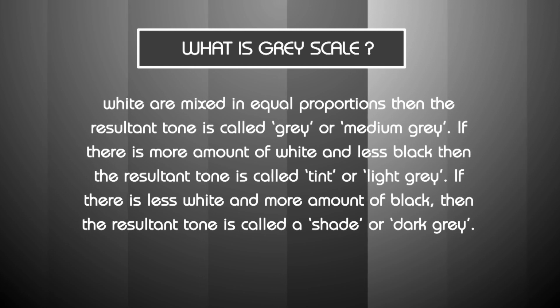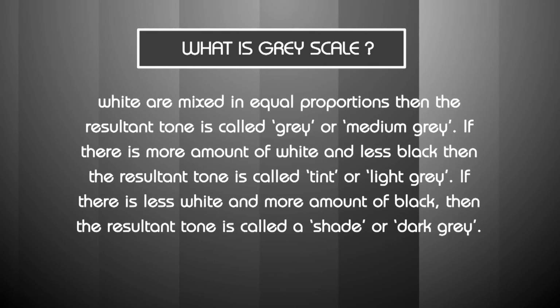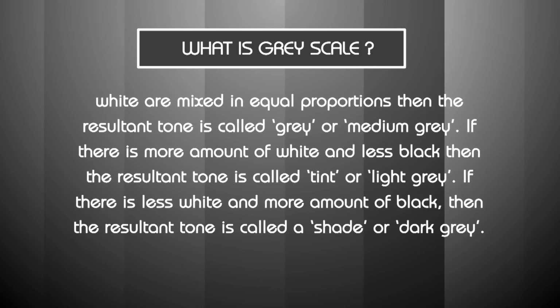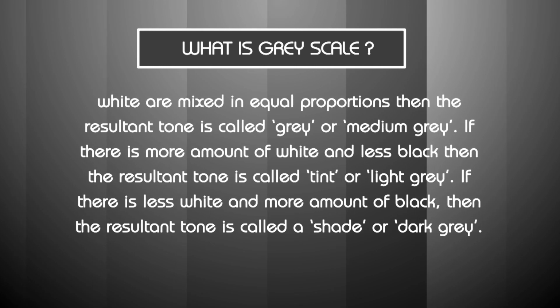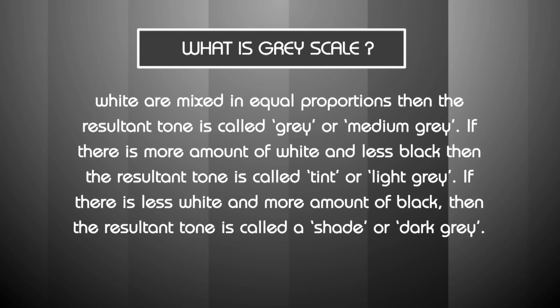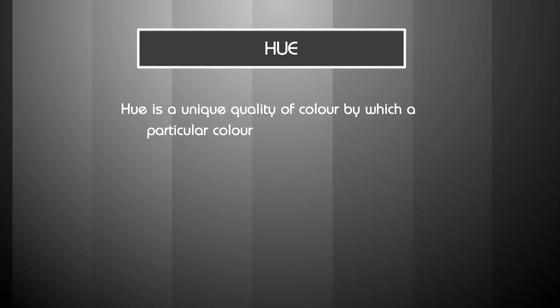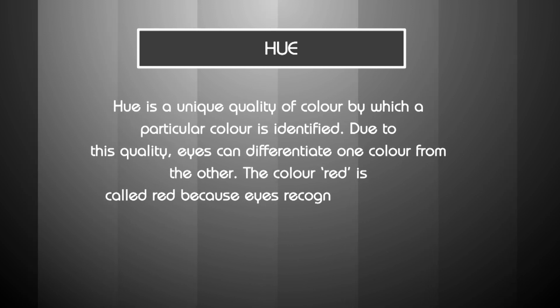If there is more amount of white and less black, the resultant tone is called tint or light grey. If there is less white and more amount of black, then the resultant tone is called a shade or dark grey.